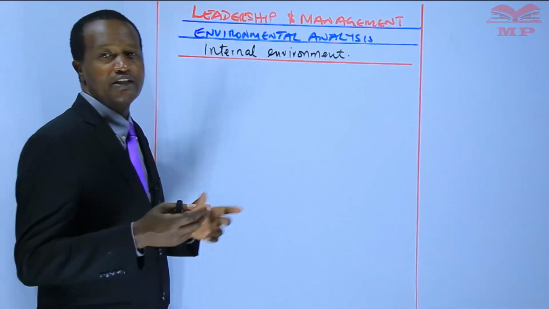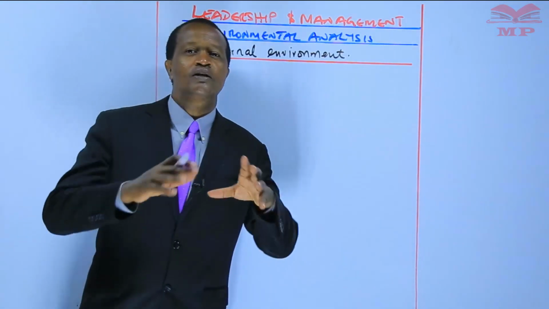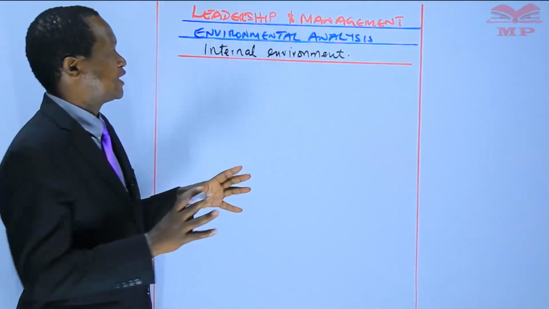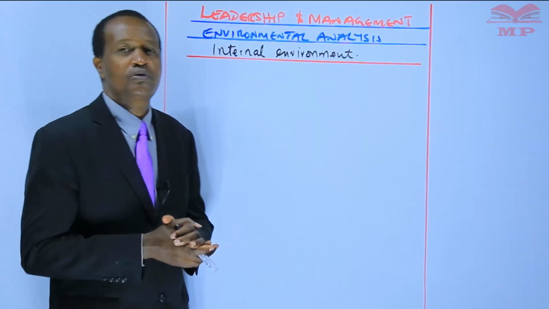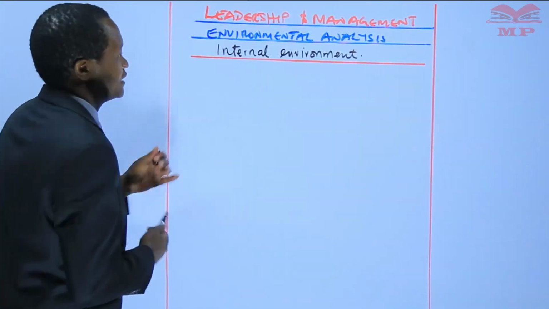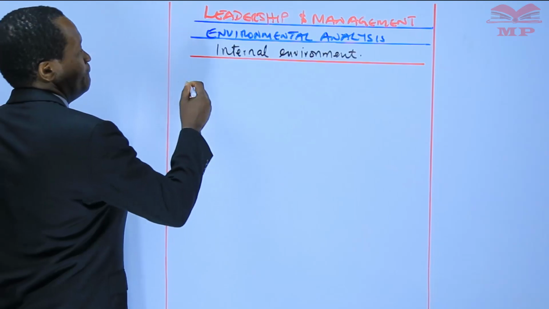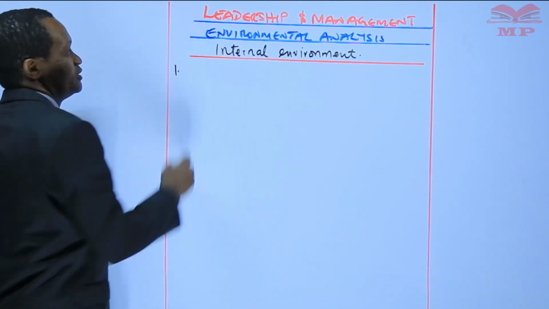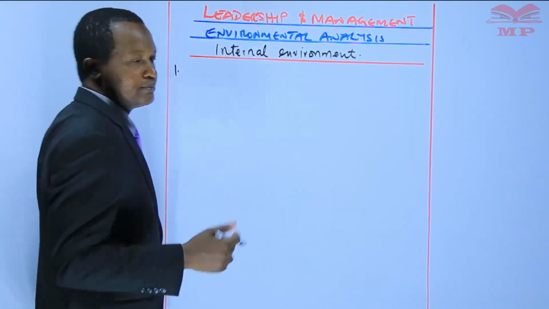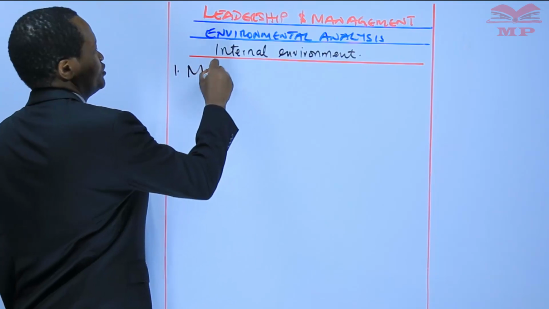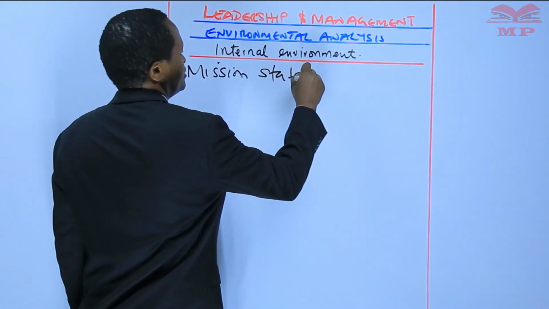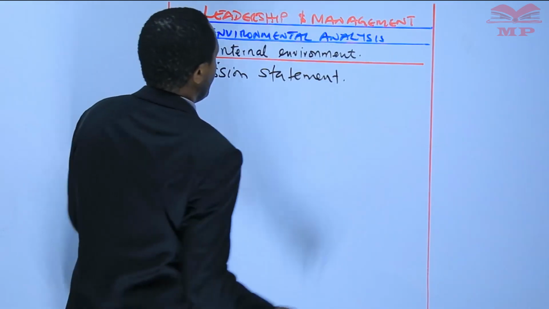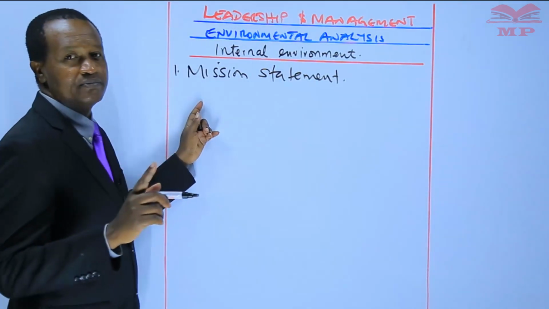So today, candidates, you are going to study some of the components that comprise the internal environment of an organization, beginning with the organization's mission. Number one, the mission statement.